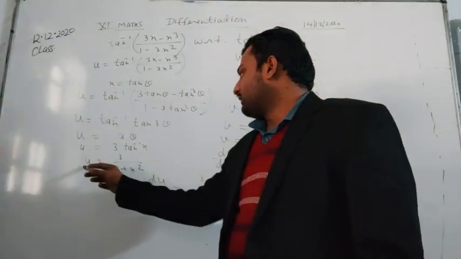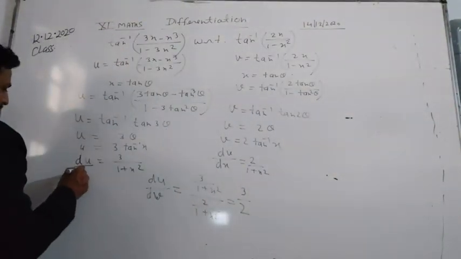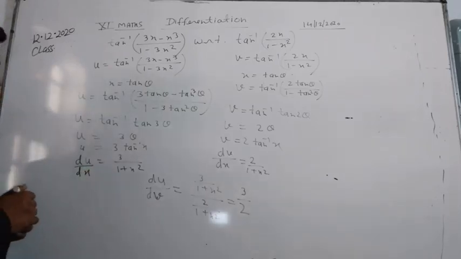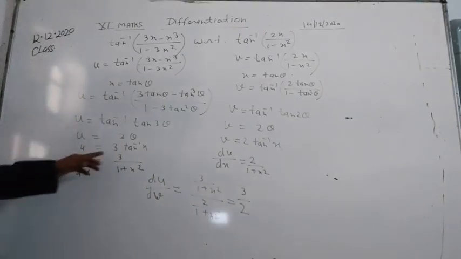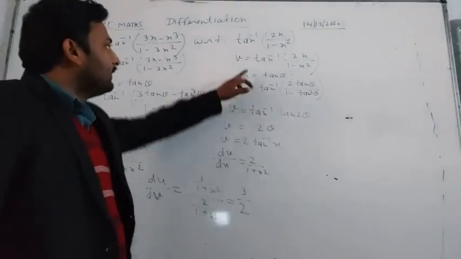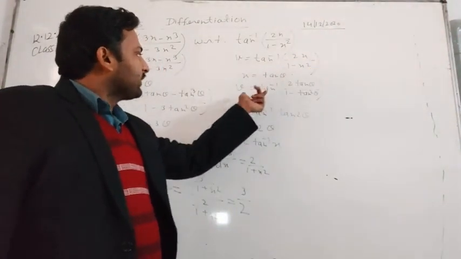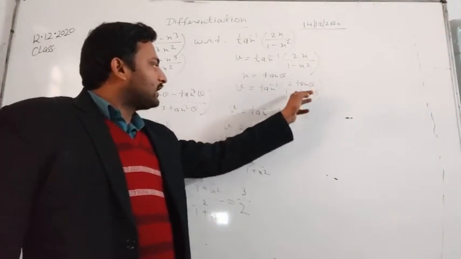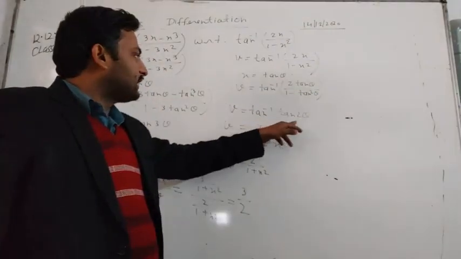Now our u will be what? When we differentiate this, du by dx will be 3 by 1 plus x square. Now we will take here x is equal to tan theta. When we substitute, we get v is tan inverse 2 tan theta upon 1 minus tan square theta, student. So v is tan inverse tan 2 theta.